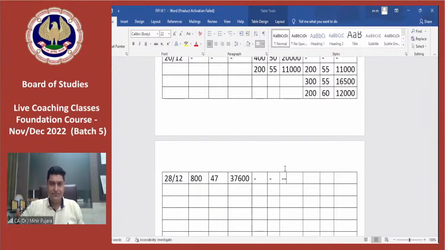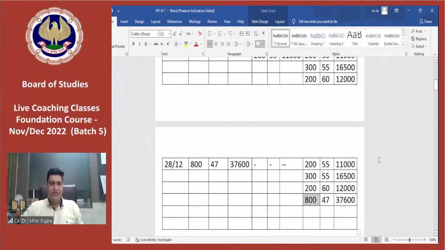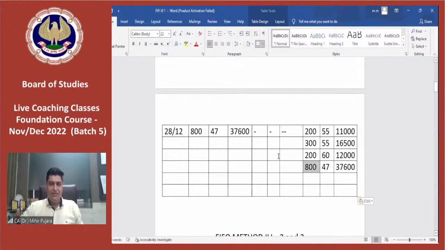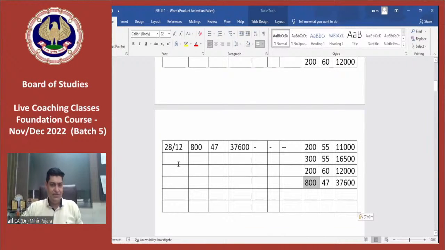No issue. These three I have to continue as they are. And now I have one more purchase, one more stock in my godown, the fourth one.